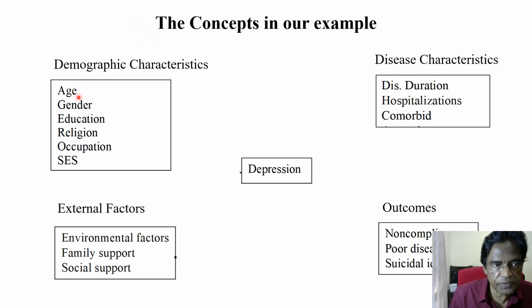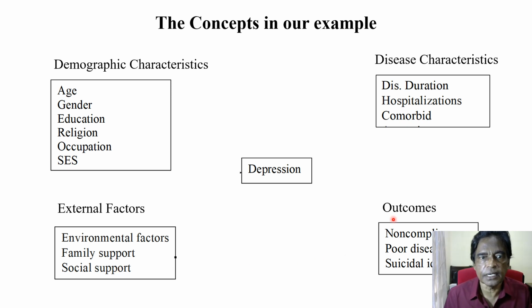Instead of naming each variable, age, gender, education, they fall under demographic characteristics. Instead of describing one by one, we can say these are disease characteristics, consisting of these particular variables. External factors are how he or she perceives the environmental factors, family support, social support, and other things. And then the outcome. So now I can say they are conceptualized, right?